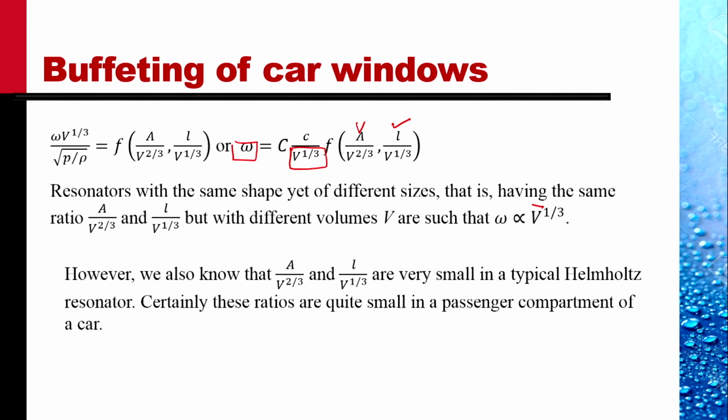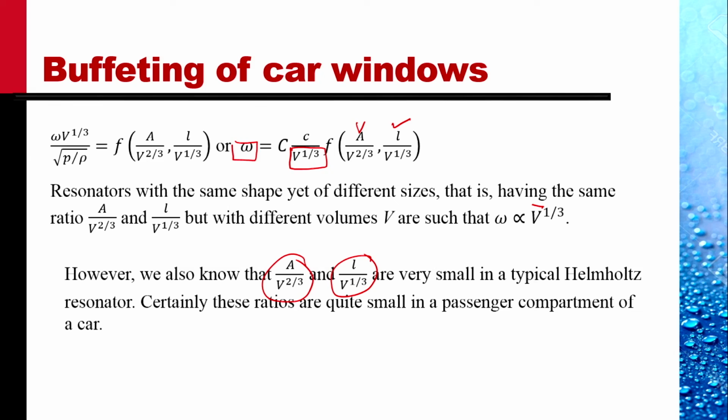However, we also know that the values of A divided by V raised to power 2/3 and L divided by V raised to power 1/3 are very small for a typical Helmholtz resonator, and definitely for the passenger compartment of a car.